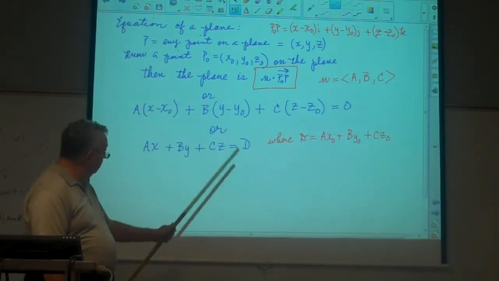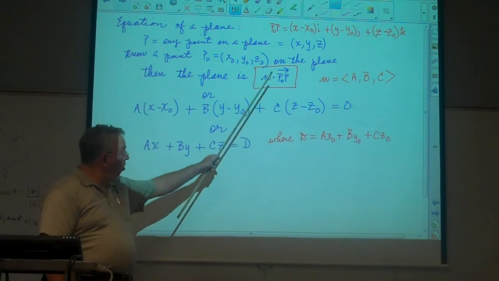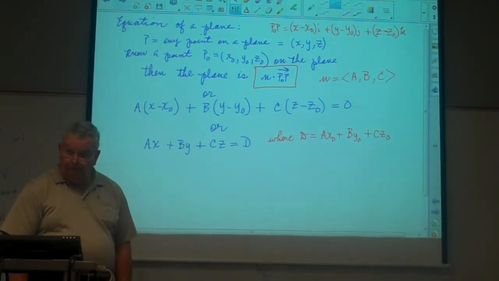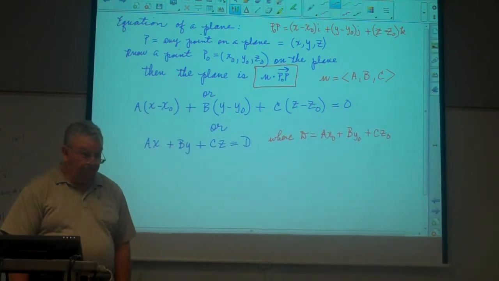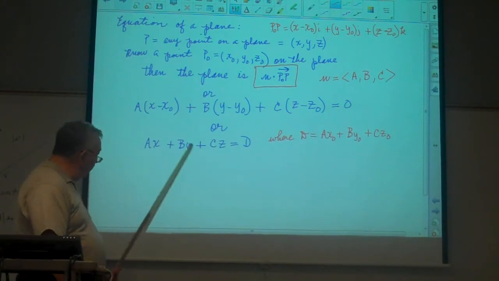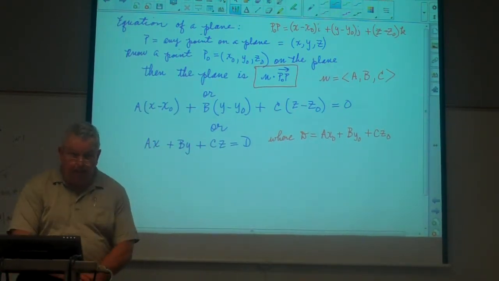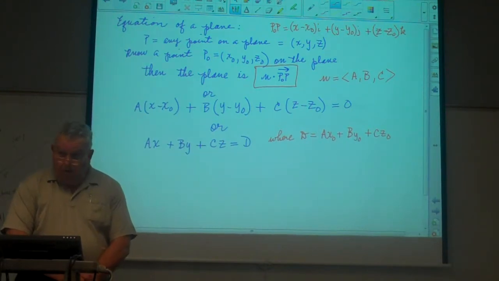This equation, or this equation, all define a plane. Everybody okay with that? And what's A, B, and C? Big A, big B, and big C? Where do they come from? The normal vector.